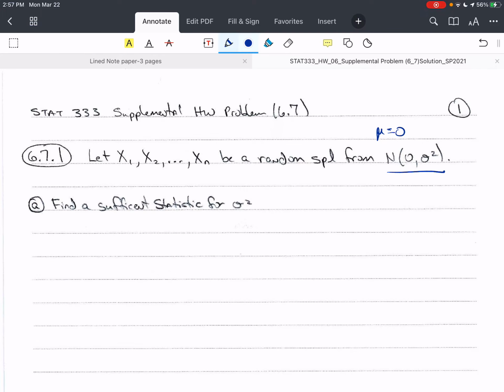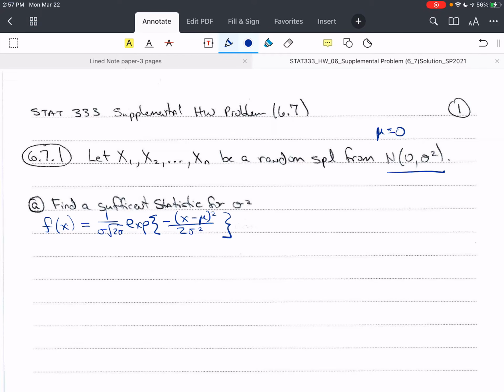Okay, so the first thing I need to do is write the distribution of a normal random variable. I'm not going to plug in 0 for mu yet. I'm just going to write the general formula. So it's going to be 1 over sigma square root of 2 pi exp negative x minus mu quantity squared over 2 sigma squared.